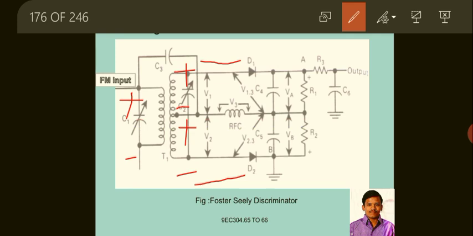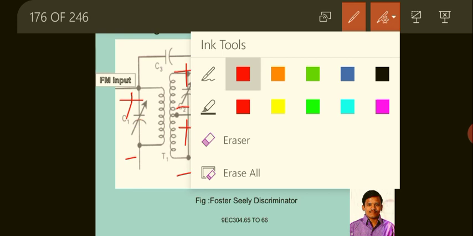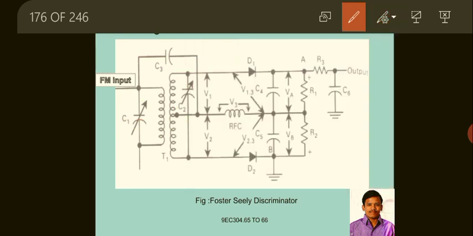And similarly during the negative cycle, assume this is minus and this will be plus. This becomes minus and this becomes plus, minus, plus. Now if you look at this, since minus is connected to D1 and plus is given to the D2 anode, now D2 will be on, D1 will be off.